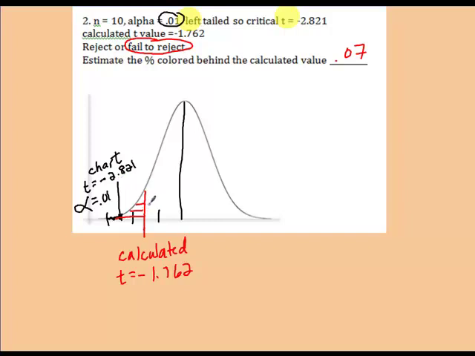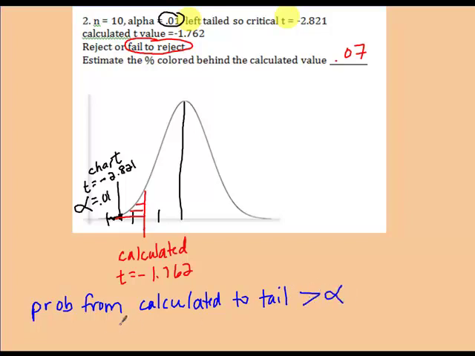But if I were to use the percentages, the probabilities, here the probability, my guess, if you want to call it that, which again is really from the calculated value to the tail, in this case is more than alpha, I fail to reject. I'm in the fail to reject region.